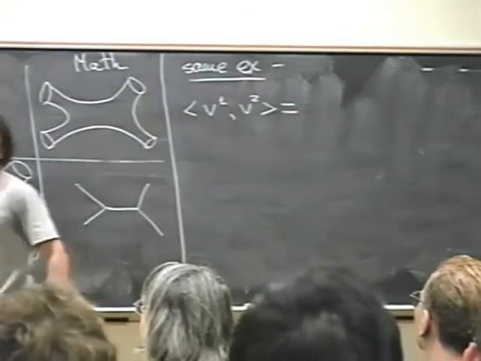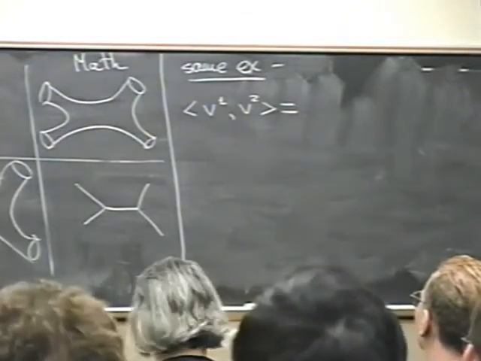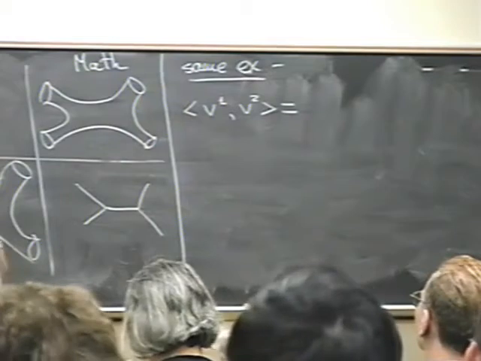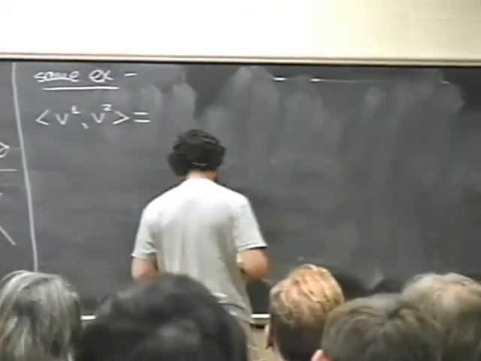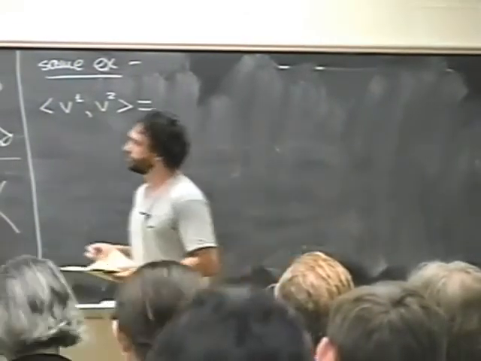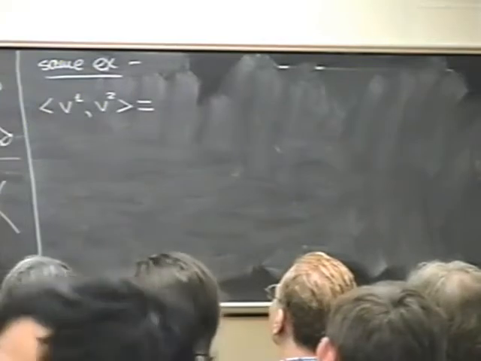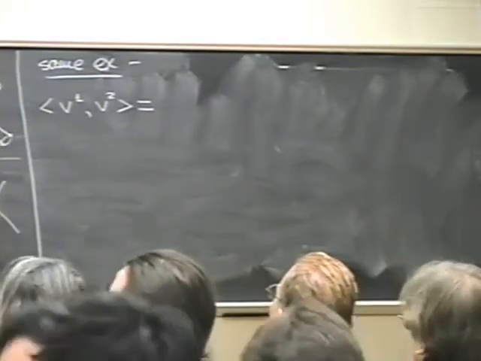What will it be in this model? Let's see what happens. How do these computations change, which we did for the partition function last time?